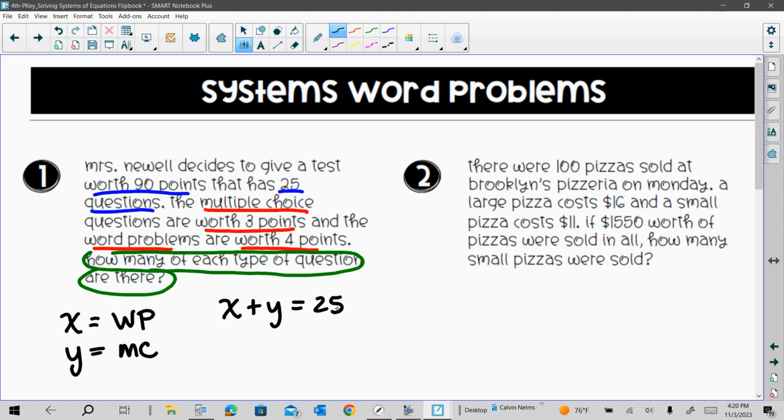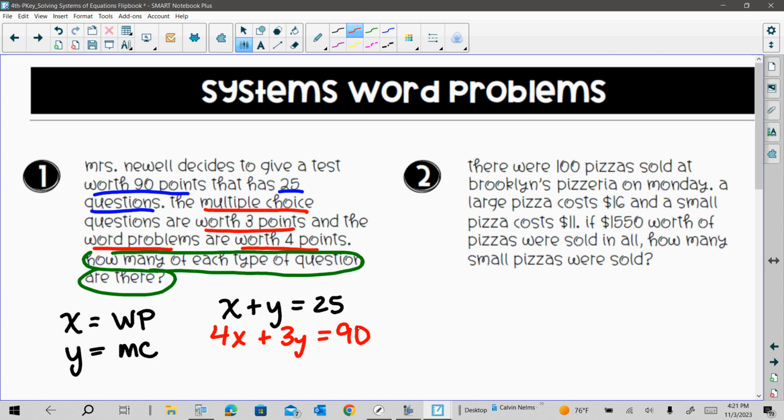Then I'm going to use the point value, total worth of 90. But the multiple choice is worth 3 points and word problems are worth 4. So since my word problems are the X here, this would be 4X plus 3Y equals 90 points. So now I have my variables lined up.